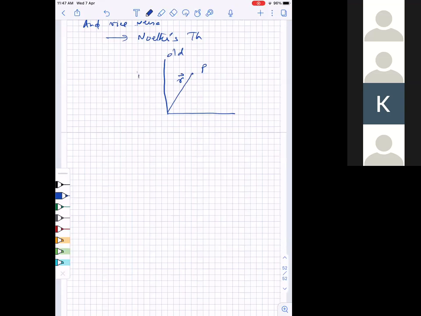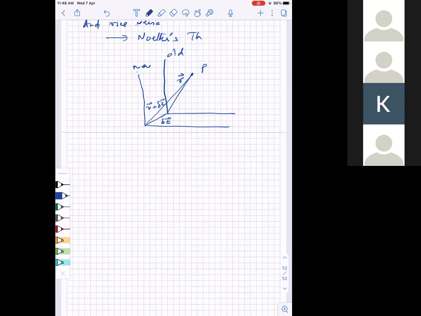Then this whole thing has a new coordinate, displaced from the old coordinate by a small displacement, epsilon. So the same point has a new coordinate, which is R plus epsilon. We're going to use this to work out our conservation law.